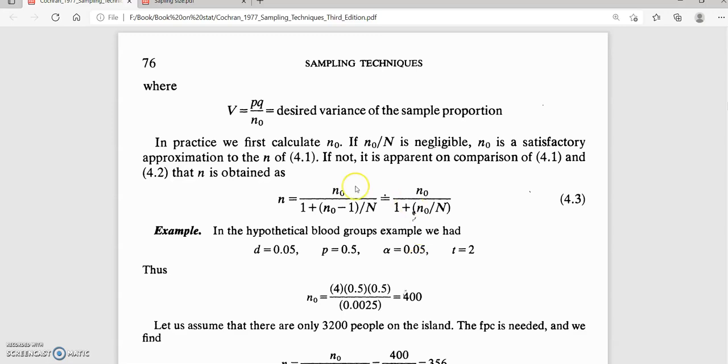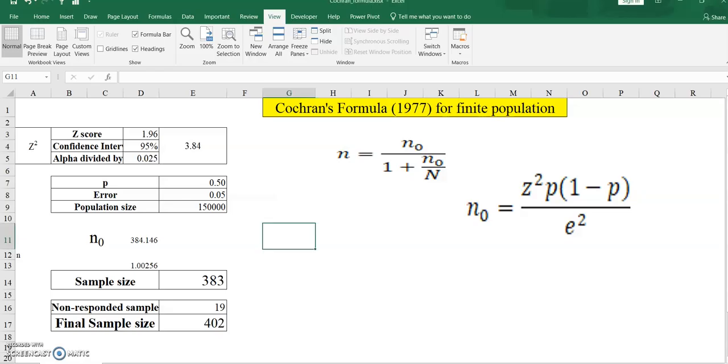So we can calculate the sample size using the Cochran formula for a finite, that means known, population in Excel. Here is the same formula: n is equal to n0 divided by 1 plus n0 divided by N. We have to calculate n0 first. For that, Z square. What does Z square mean? Here is the Z score and its square, multiplied by p.